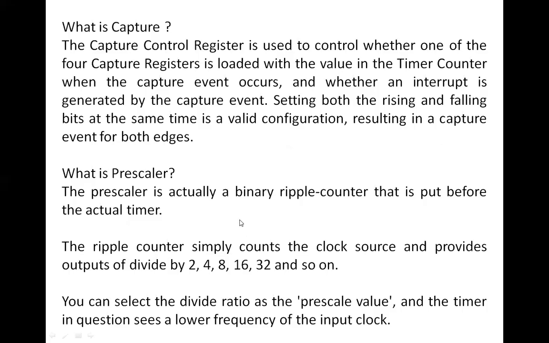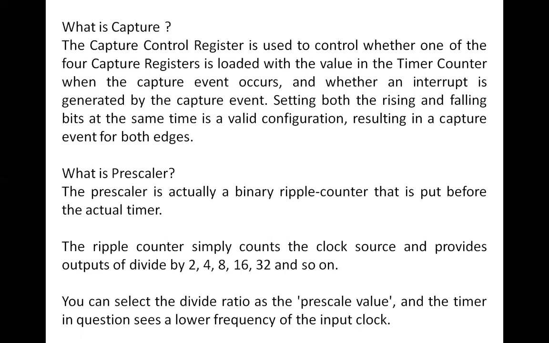Now here we will see what is capture in the timer and counter. So see, the capture control register is used to control whether one of the 4 capture registers is loaded with the value in the timer counter when the capture event occurs, and whether an interrupt is generated by the capture event.